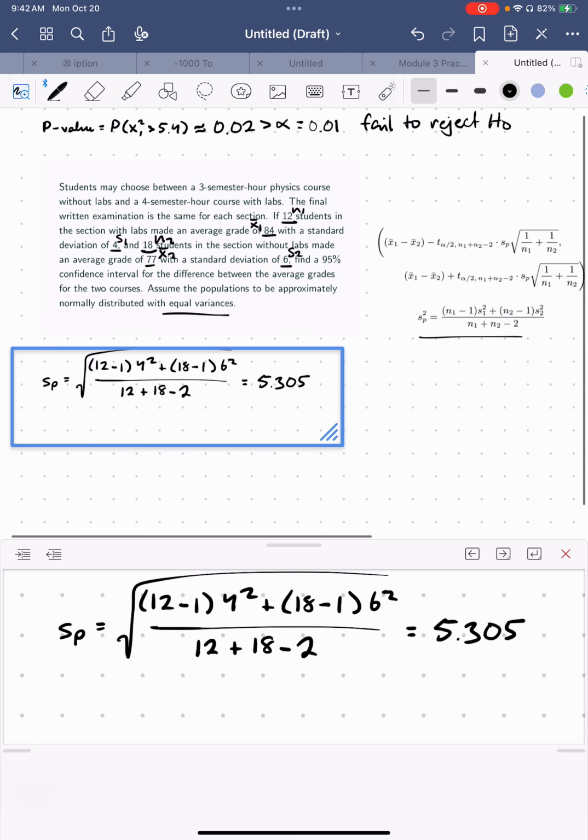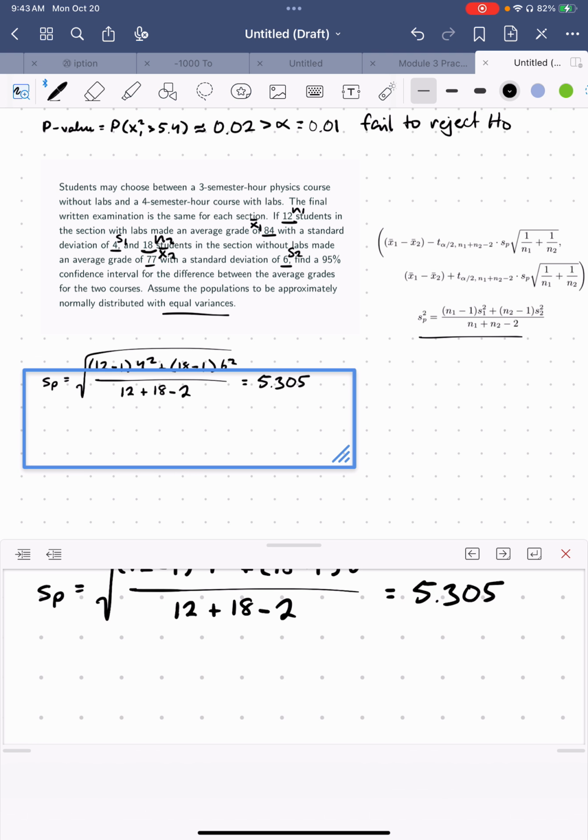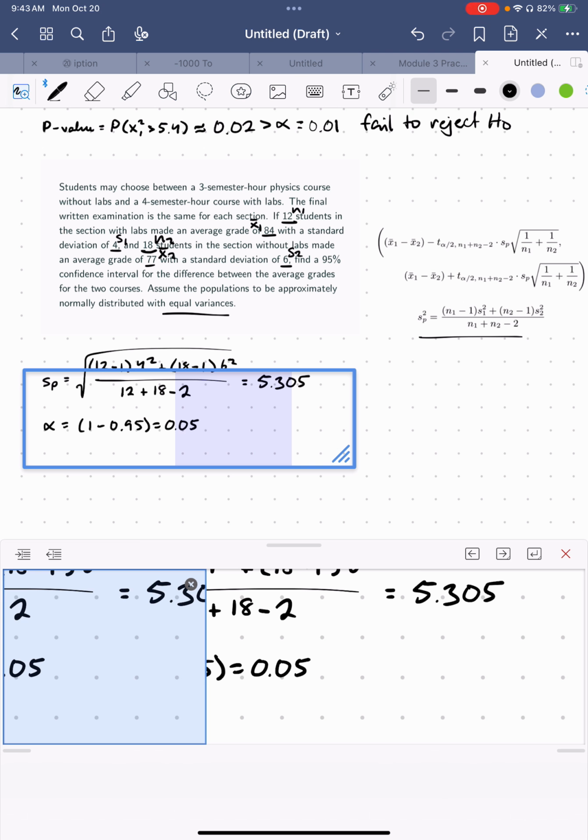And then now we can find our t-value. So recall that for our confidence interval, our significance level is 1 minus our percentage divided by 100, so 1 minus 0.95, so that is 0.05.